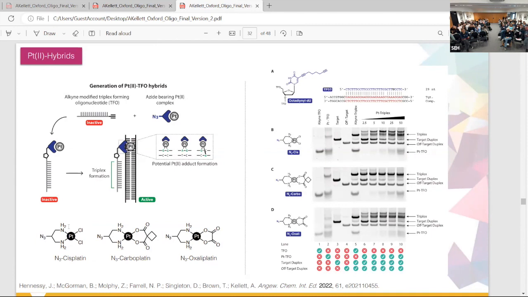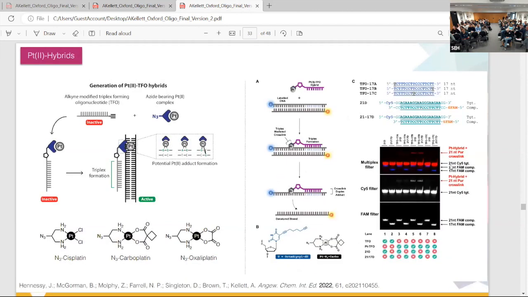Click chemistry has provided a solution whereby if you use a chelator containing an azide, you can maintain the cis chemotype. And it turns out that you can perform targeted cross-linking with the platinum drugs. And it turns out that this interaction is on the purine-rich strand of the sequence.